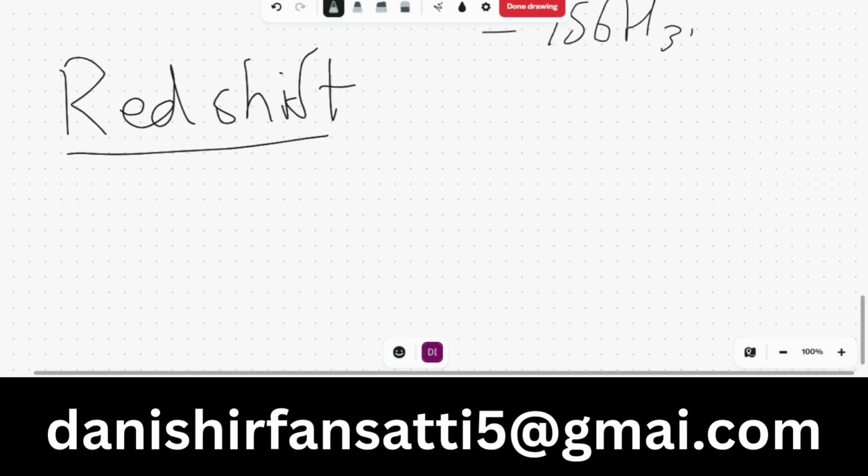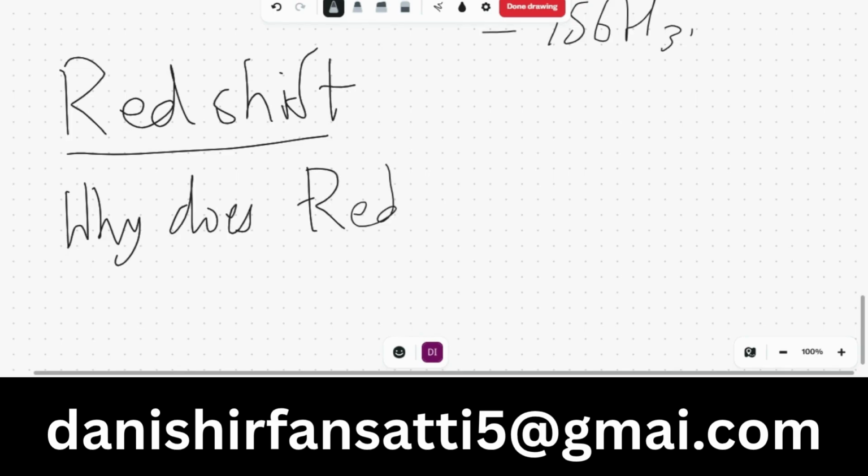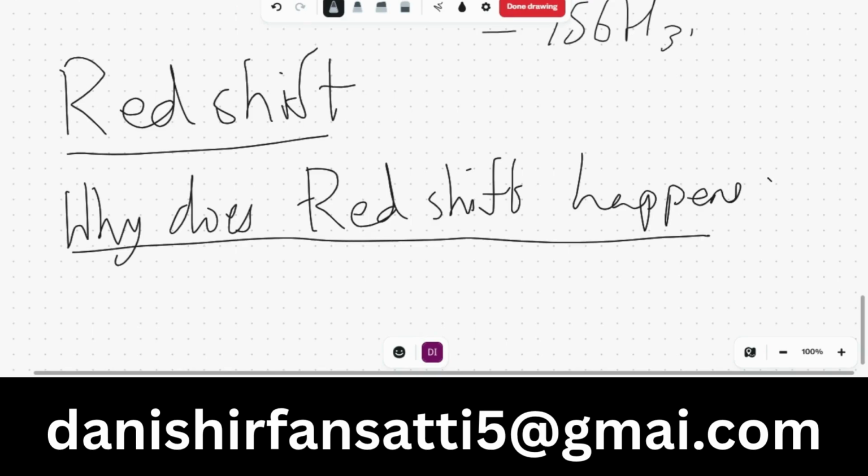Now, why does redshift occur? As the galaxy moves away, light waves become stretched. Therefore wavelength will increase and frequency will decrease.